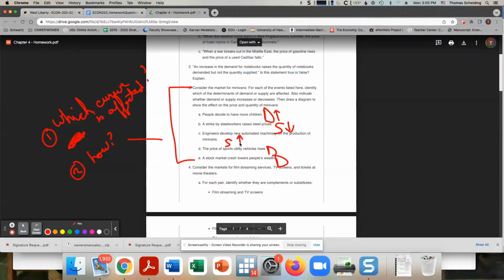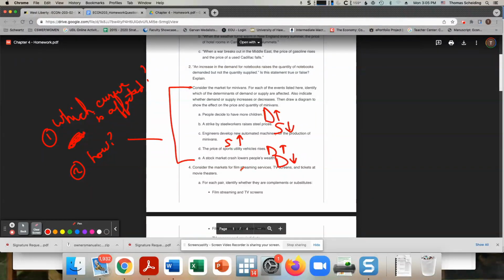That's going to increase supply. If the price of sport utility vehicles rises, then people will buy fewer sport utility vehicles and more minivans. So that's up. Stock market crash lowers wealth. Well, assuming that this is a normal good, lower wealth means fewer minivans.